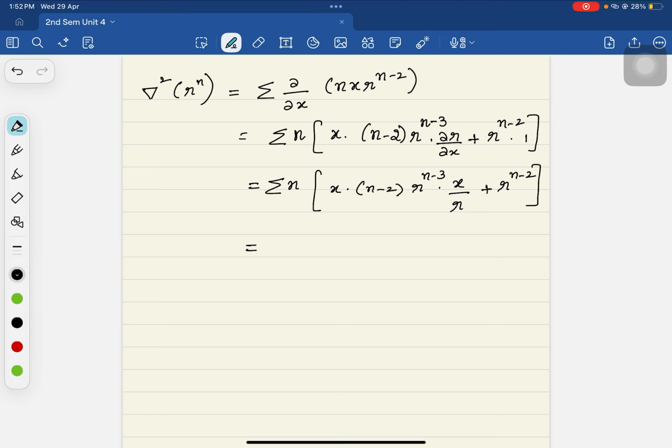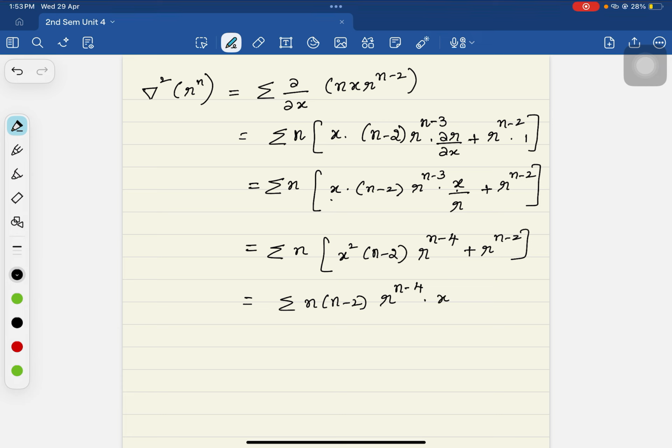So that gives you sigma n times x multiplied by x is x square times n minus 2 times r power n minus 4 plus r power n minus 2, right? So now that gives you sigma n times n minus 2 times r power n minus 4 into x square plus r power n minus 2.